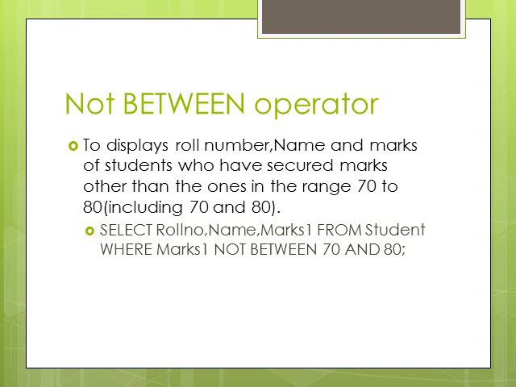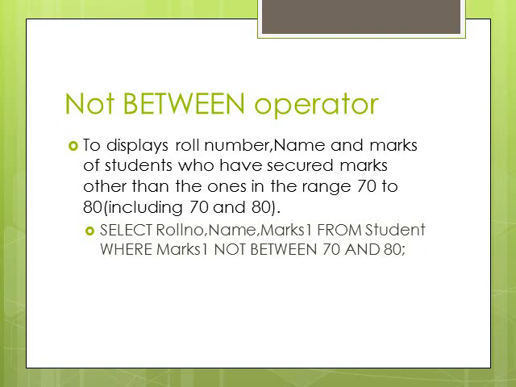We can use the keyword not before the between operator also. For example, we want to display the roll number, name and marks of the students who have secured marks other than those in the range 70 to 80, including 70 and 80.